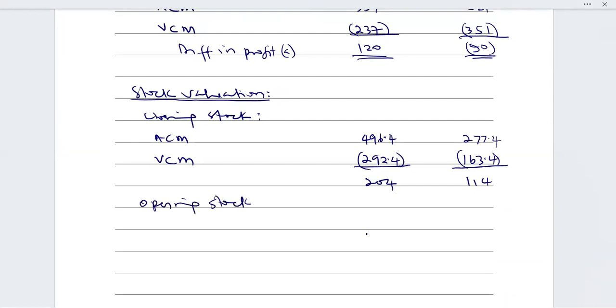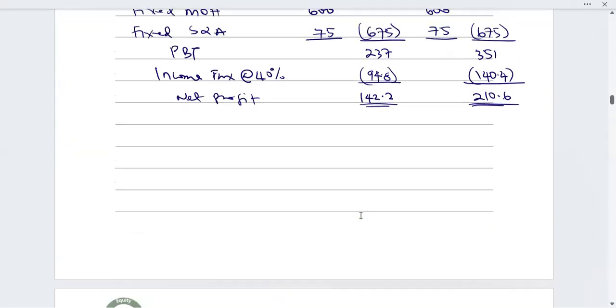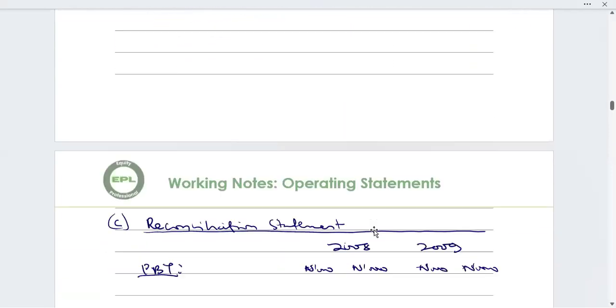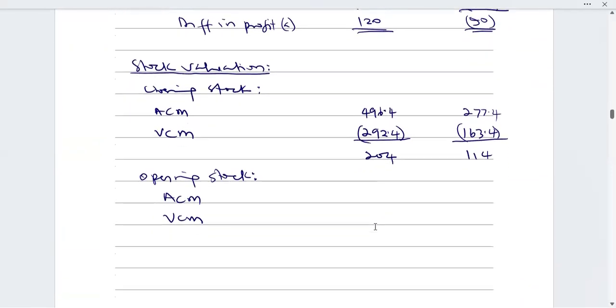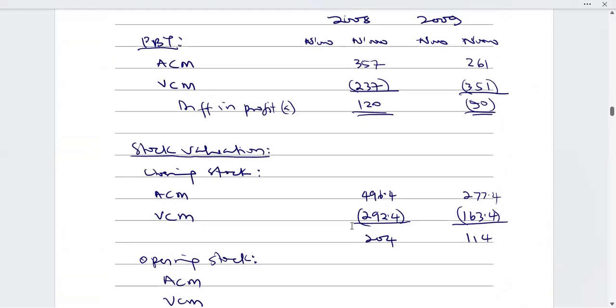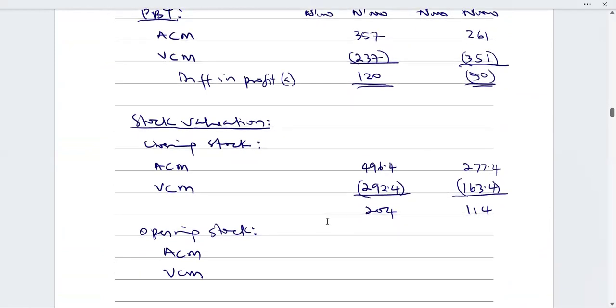Opening stock. Under opening stock, we have ACM, absorption costing, and then variable costing method. So for the opening stock, from our table above, now closing stock in 2008. 204.4.